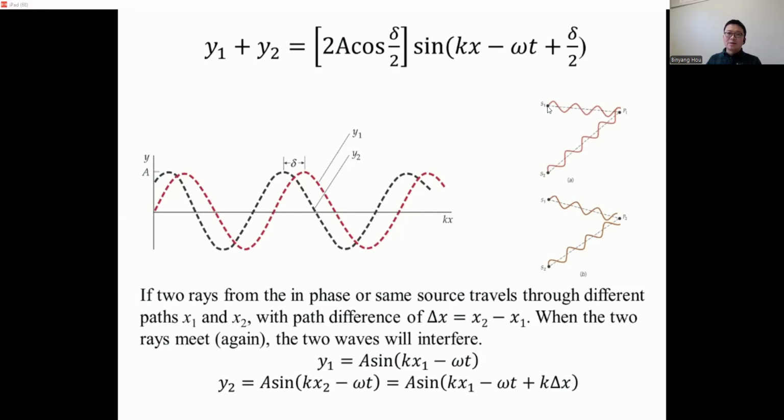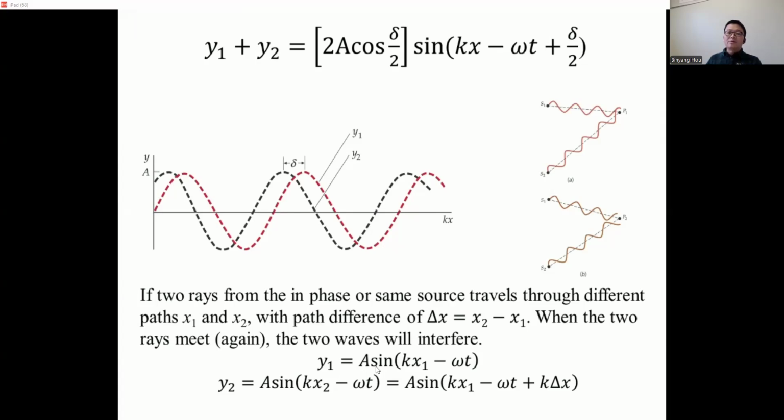When this wave produced by source one propagates to point P1 here, we can use this wave function to describe it. For the wave produced by source 2, when it propagates to the point, you can use this slightly different wave function to describe it. But that's assuming they both have the same amplitude, are both sine functions, and have the same frequency and the same wavelength. So the difference is just x1 and x2.